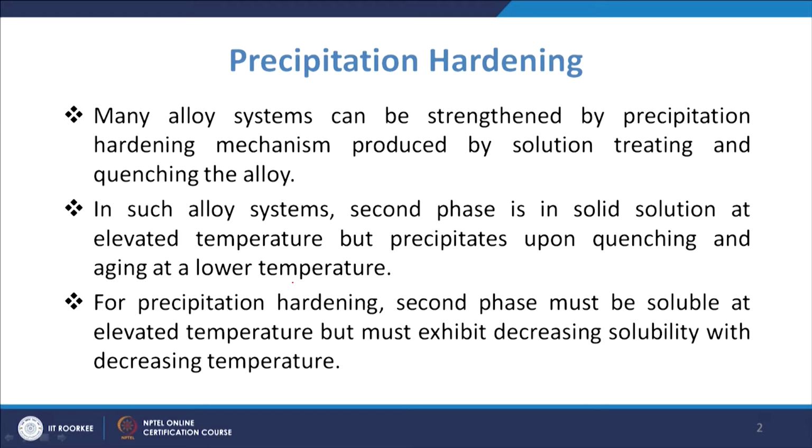That is why, when you quench at a fast rate, you make the second phase get trapped in the solidified structure, and then when you age, the precipitates start coming up.